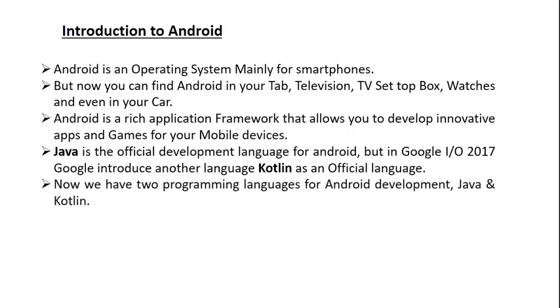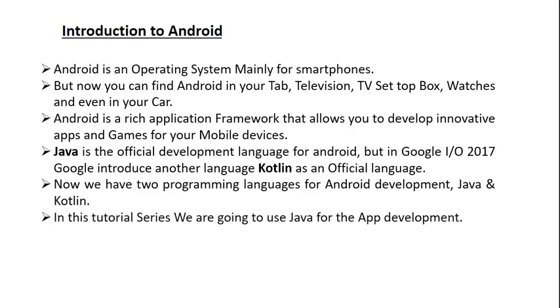Now we have two programming languages for Android app development, Java and Kotlin. In this tutorial series, we are going to use Java for the app development. I am going to create another tutorial series in Kotlin. So in this tutorial series, we are going to use Java as the programming language for Android application development.